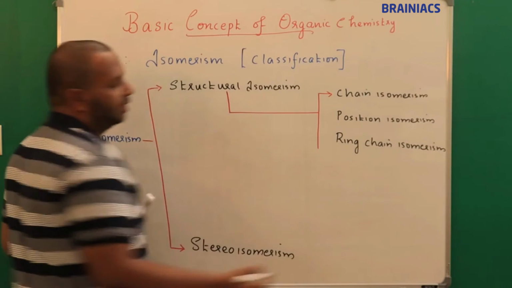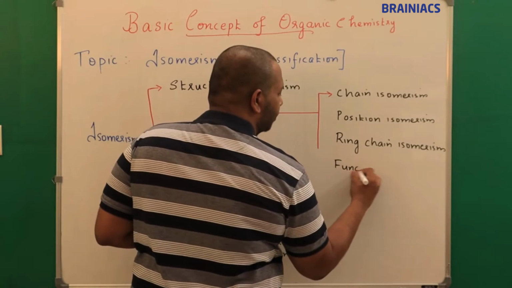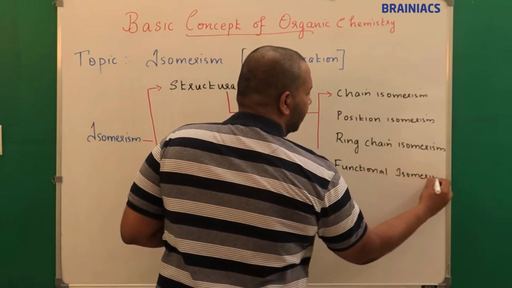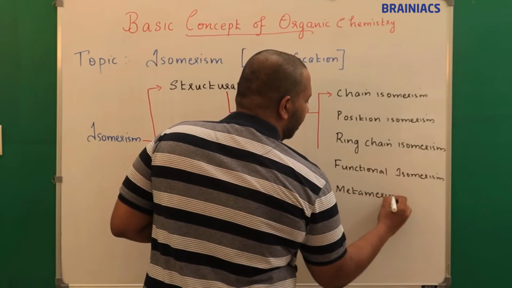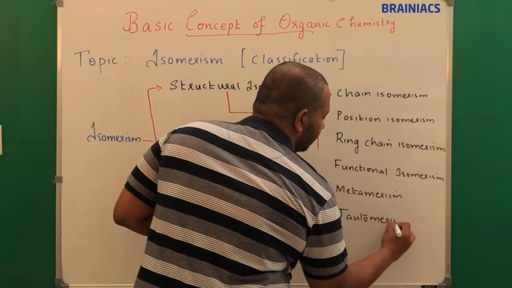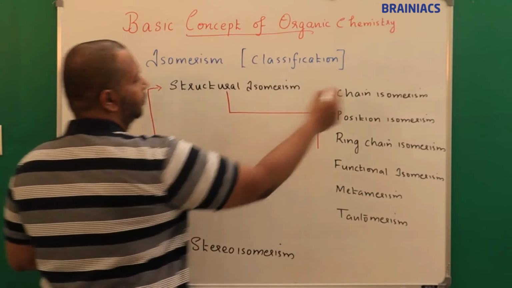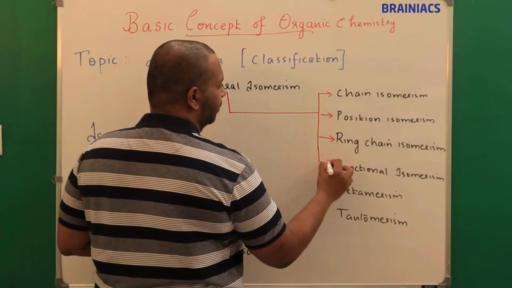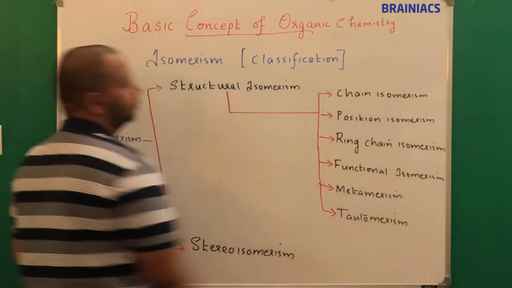Then the next one, functional isomerism. I have told this term many a times. Then comes metamerism, and last comes tautomerism. These two are very very important. So structural isomerism is further classified into chain isomerism, position isomerism, ring chain isomerism, functional isomerism, metamerism, and tautomerism.